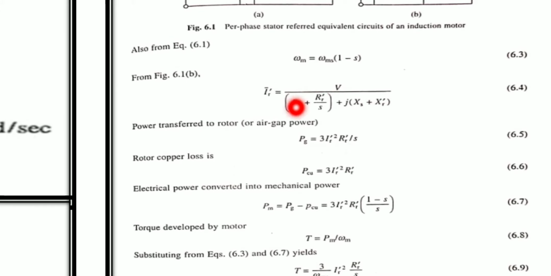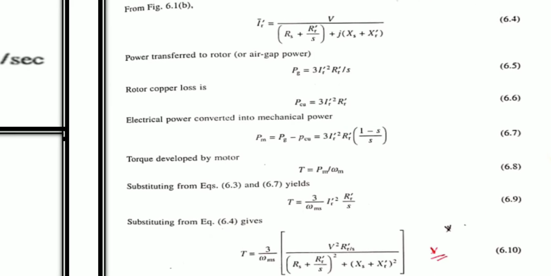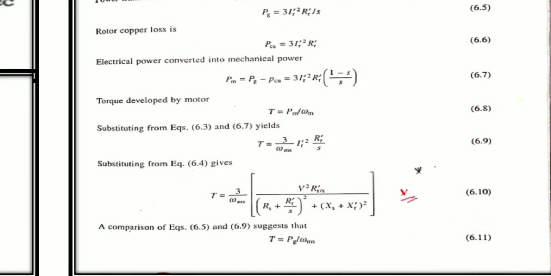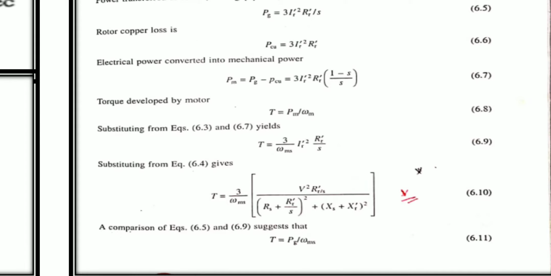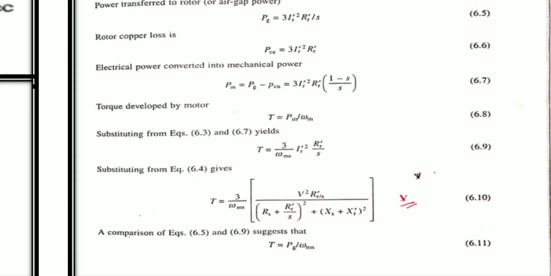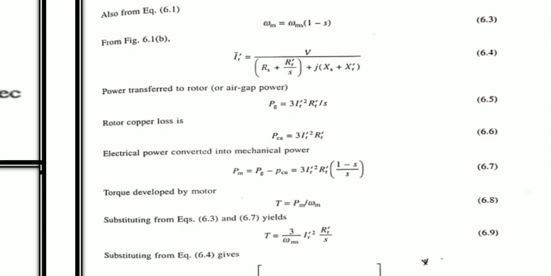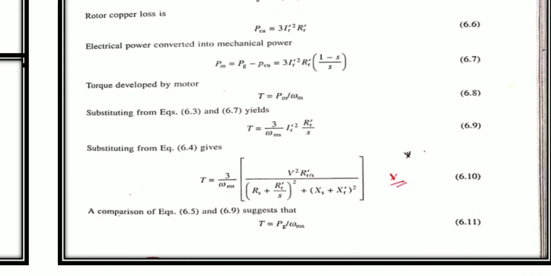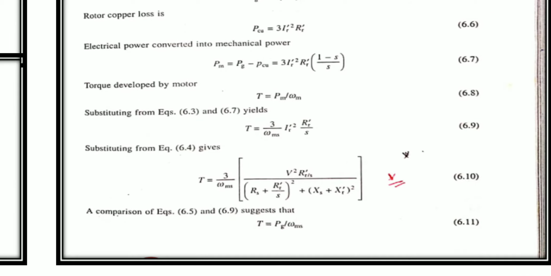Now you substitute this one here, we'll get V square R_R' divided by S, divided by (R_S plus R_R' divided by S) whole square plus (X_S plus X_R') whole square itself. Nothing I have done here, I have just substituted for this I_R' square in the torque equation itself. This I_R' square we get from equation number 6.4 over there. Okay, we'll get the torque itself. Getting my point?